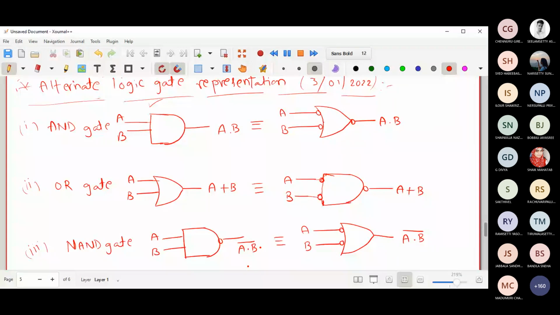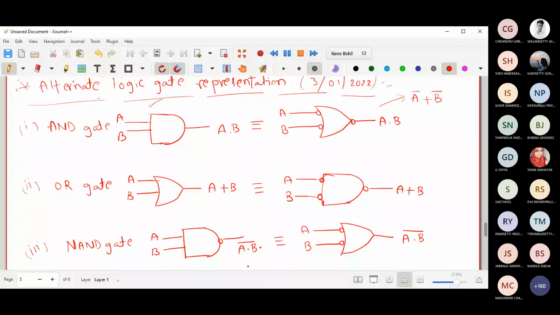Here also A and B are the inputs, and A dot B is the output. So how is it equivalent? Suppose A is coming as an input, and B also. I can write this as A complement, or A bar, plus B bar, with a bubble again here.